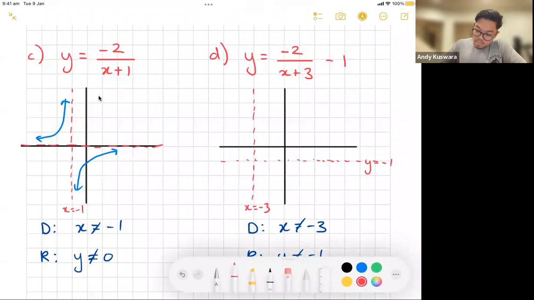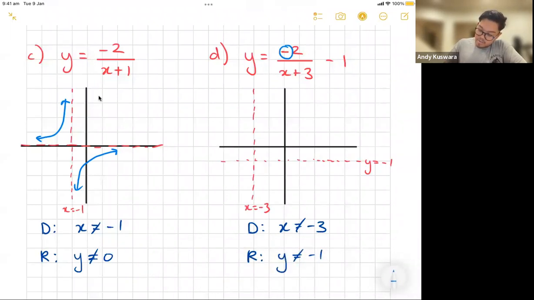Okay, so those become my new asymptotes. And again, I notice that we have a negative hyperbola, so I'm going to be in the top left and the bottom right. And for the most part, all these questions are the same. Find the domain, find the range, dot in your asymptotes, sketch your hyperbola.